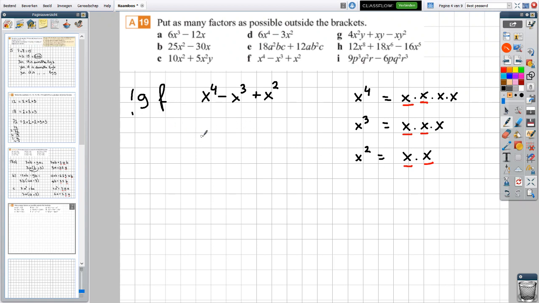Remember now, this is going to be outside of my brackets, but I don't write this down as x times x. Now I'm going to write it down as x squared again. Open your brackets. The first term I'm left with x times x, so that's going to be x squared. Minus, because there's a minus here. I'm left with x here. And now here, x times x, you could say I have nothing left, right?